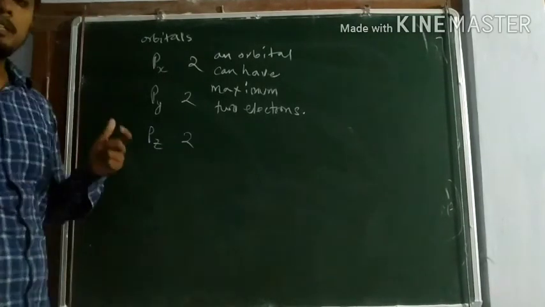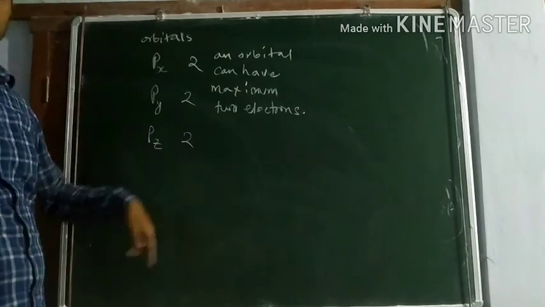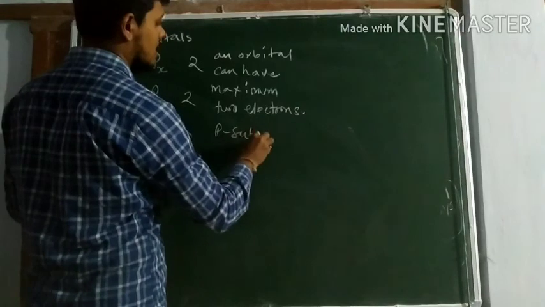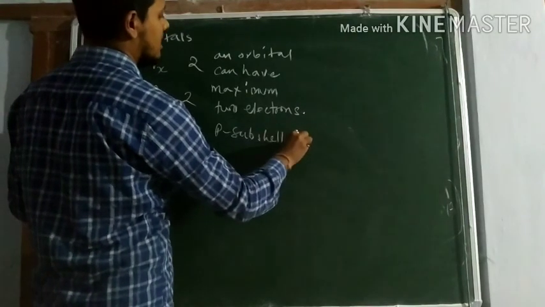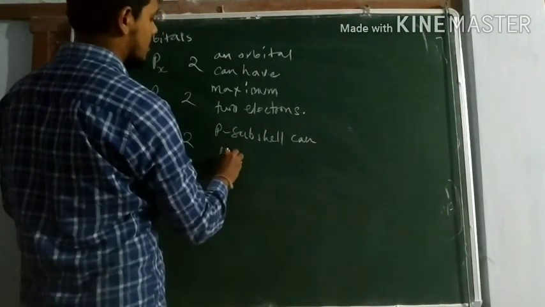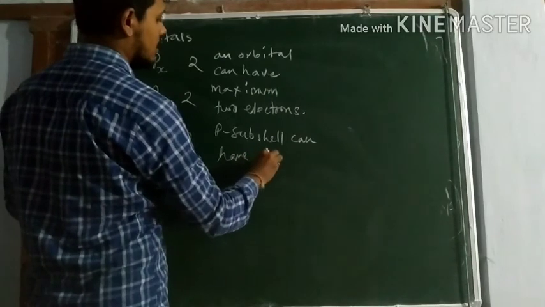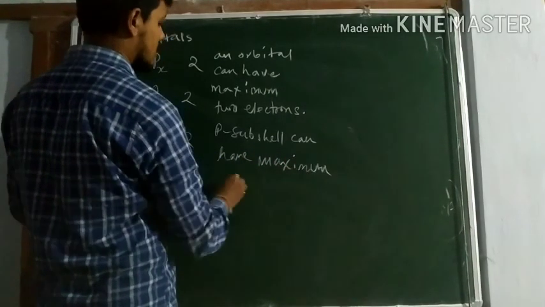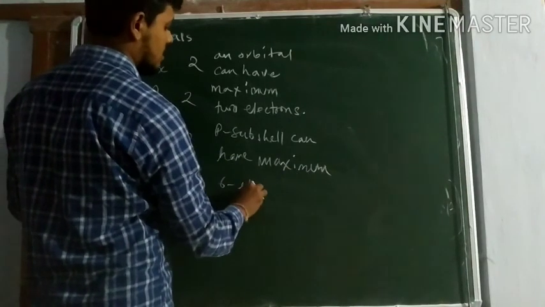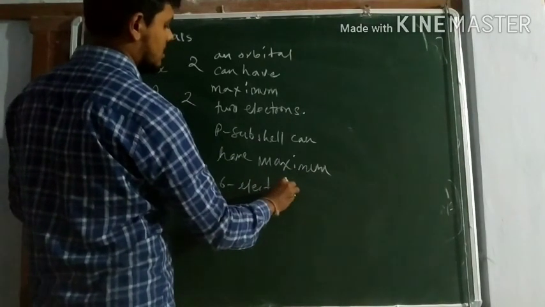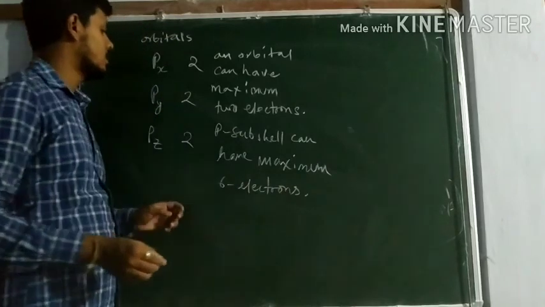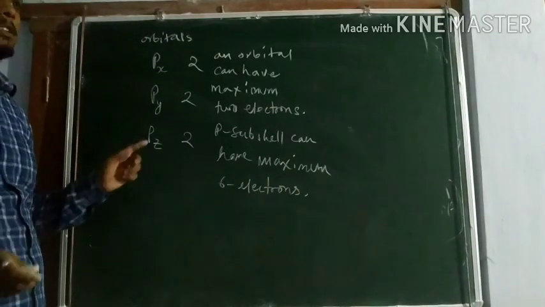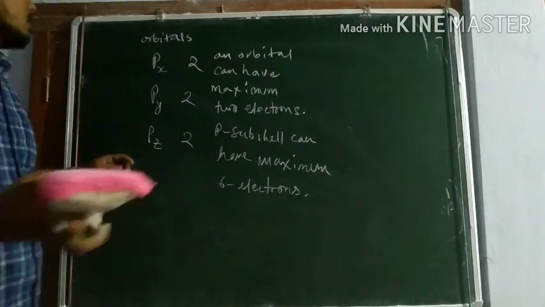That means in the p subshell the maximum number of electrons can be 6. Okay, so this p subshell can have maximum 6 electrons, not more than 6.